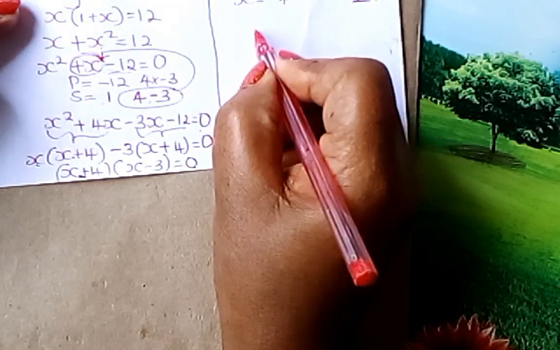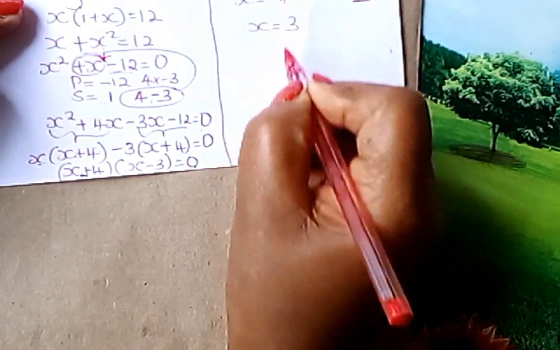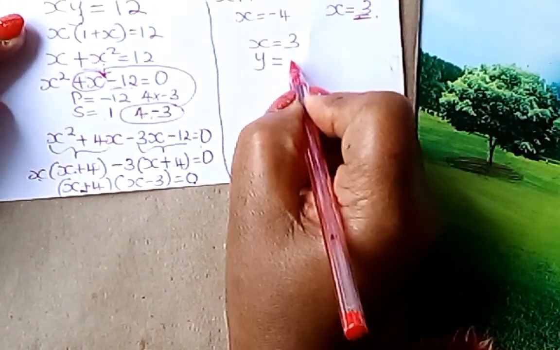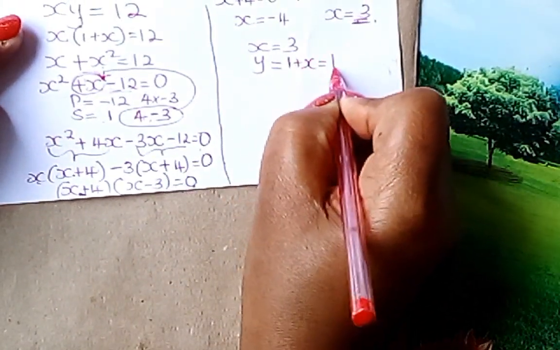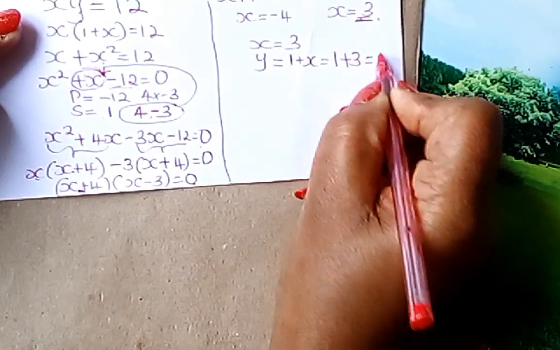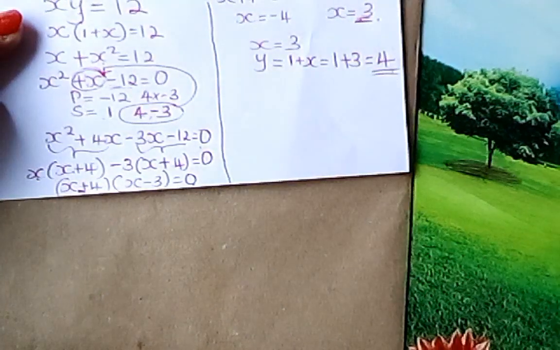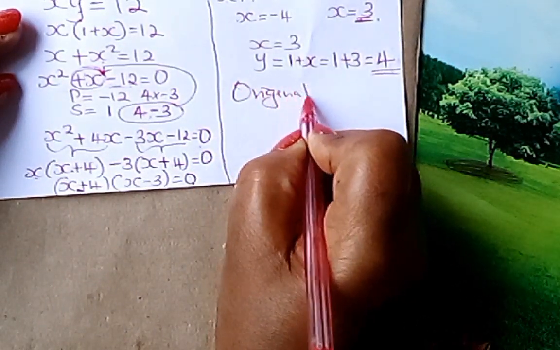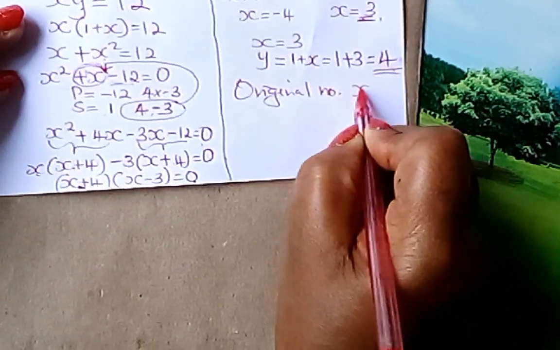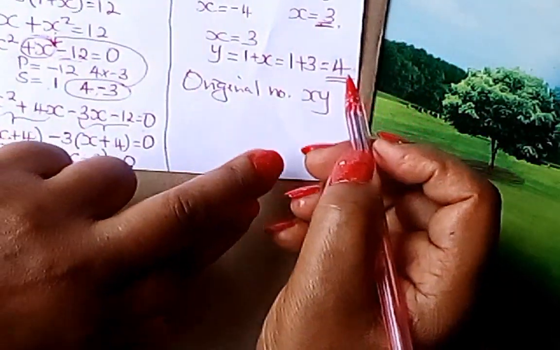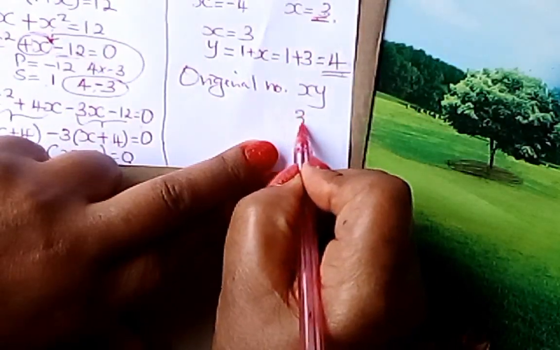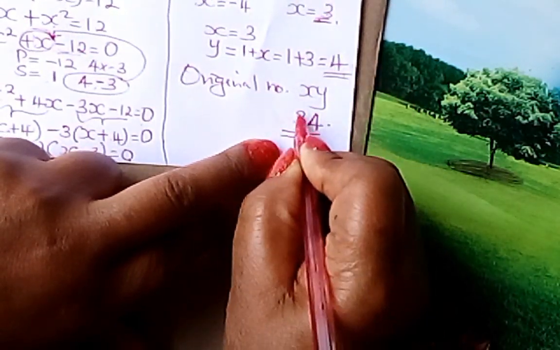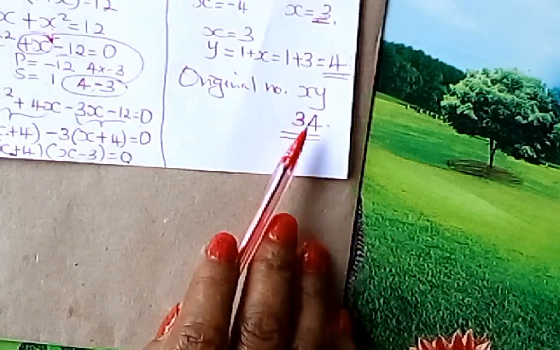If x is 3, we can use this second equation. y is 1 plus x, which is 1 plus 3, which is 4. And therefore, the original number, xy, is 3 for x and 4 for y. This was the original number.